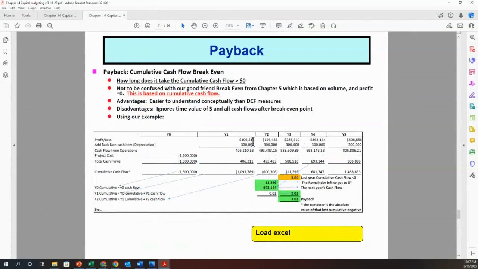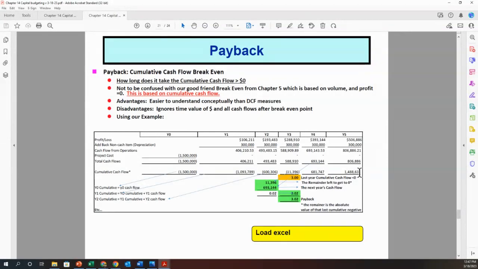So in this example, we added to our model the cumulative cash flow. So we had the -1.5, which is our year 0. We added the 406. We got to -1 million and change. We added the 493. We got to -600,000. We added the 588 from year 3. We got to -11. So we're almost there. Year 4, we've got the 681.